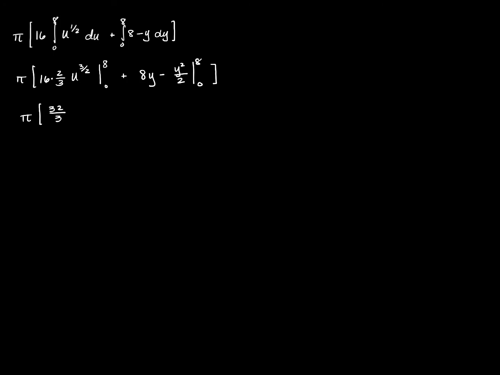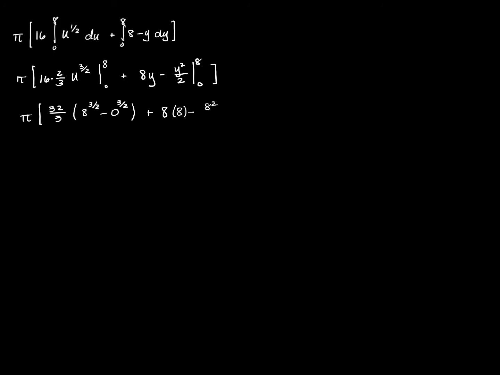And I'm going to have u to the 3 halves evaluated at 8 is 8 to the 3 halves, and at 0 is 0 to the 3 halves. And that's this first one. That first integral has been evaluated. And then I'm going to evaluate this: 8 times 8 minus 8 squared over 2.